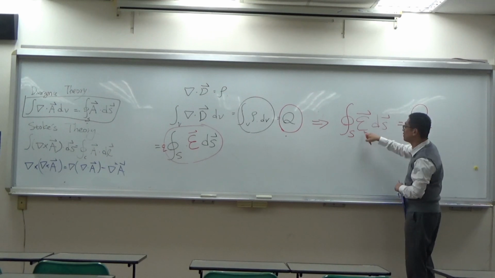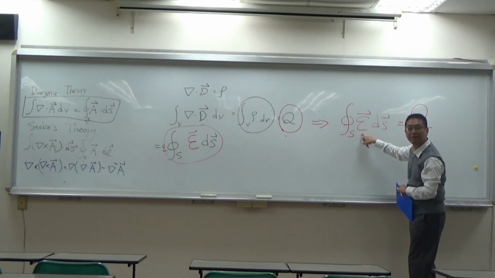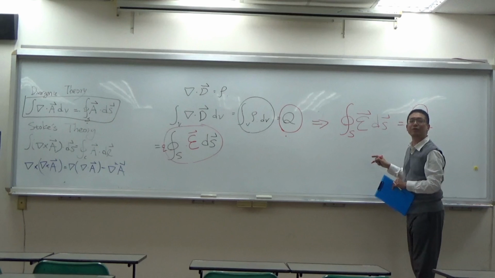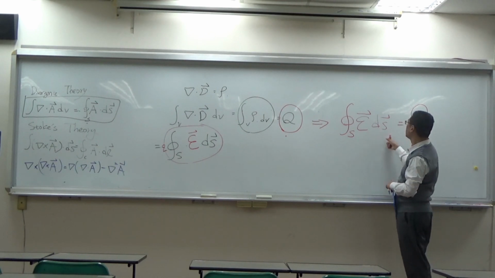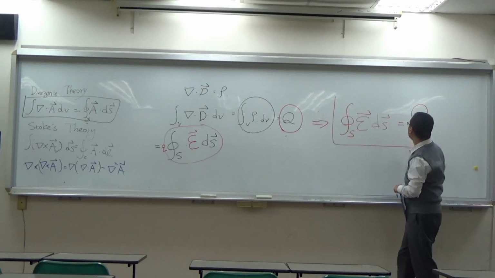This is epsilon, this is E, okay? They look similar, but they are totally different things. And actually, this is Gauss's law.